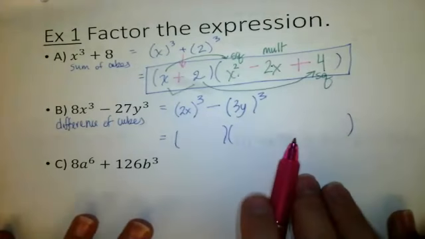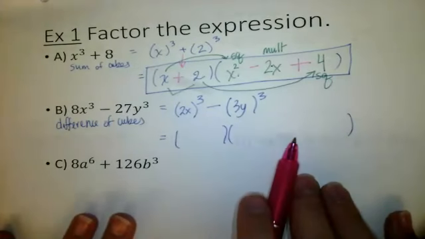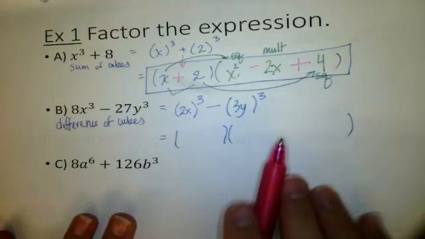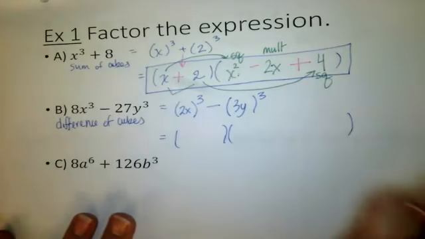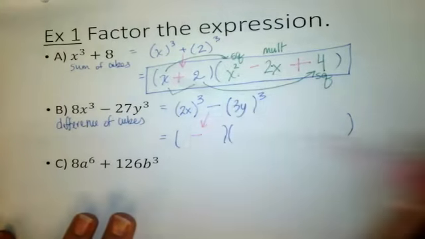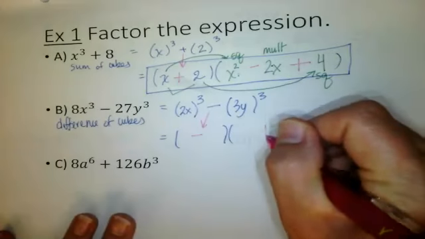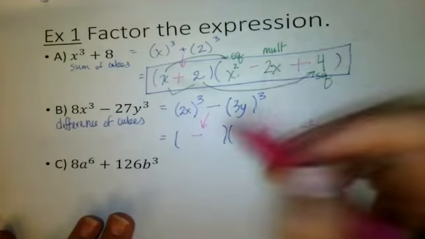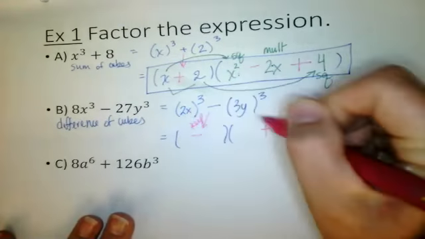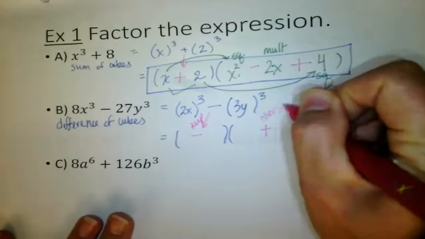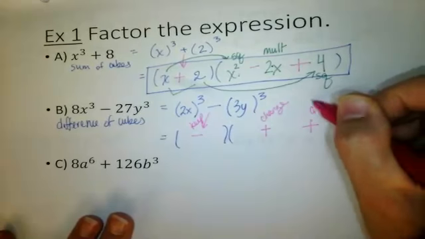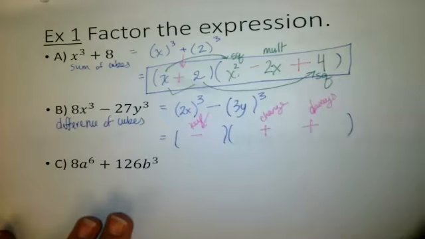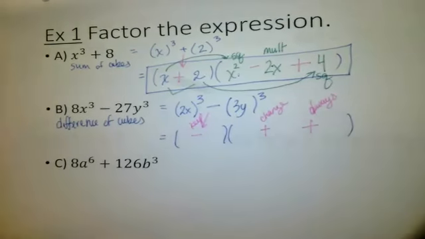So small bubble, big bubble. How do you think the signs go? Keep the sign, change the sign, always positive.